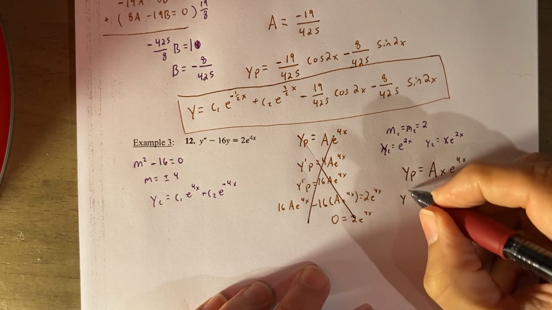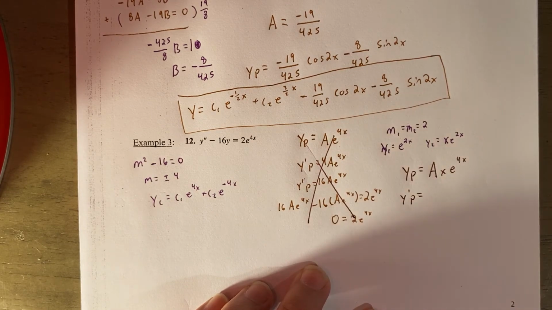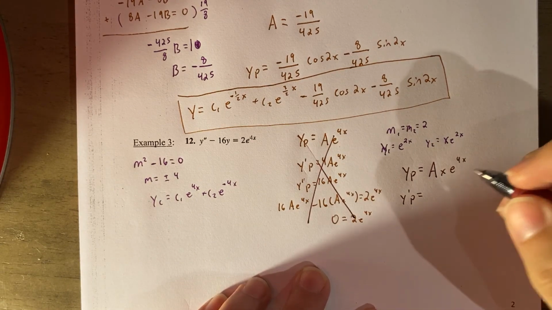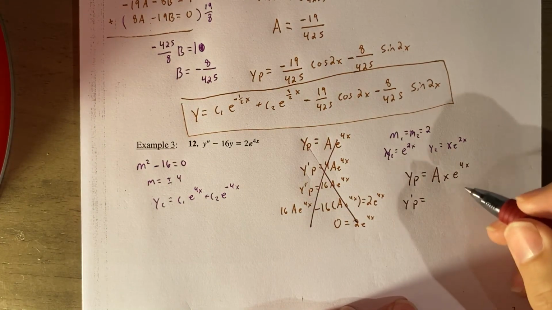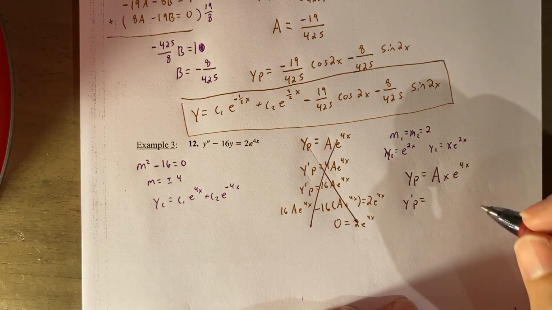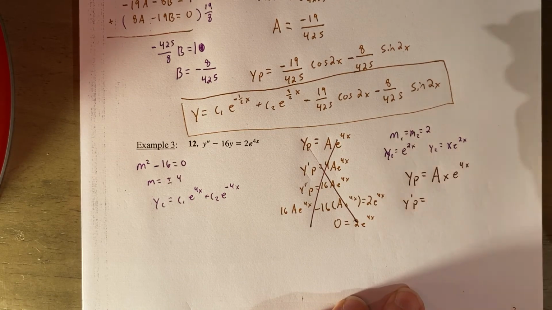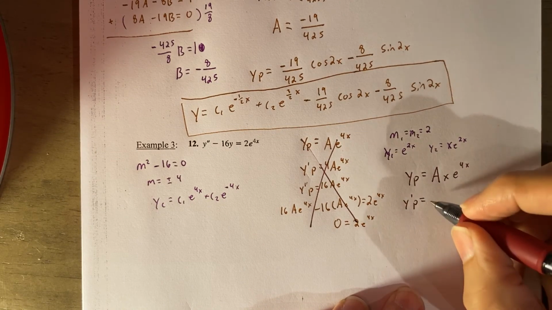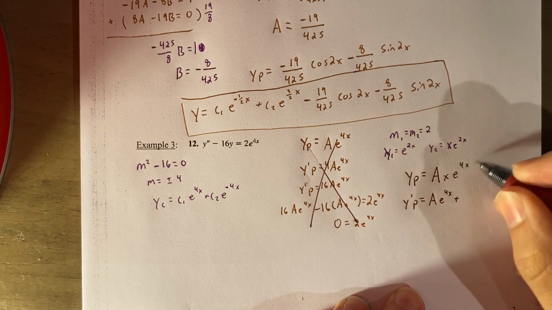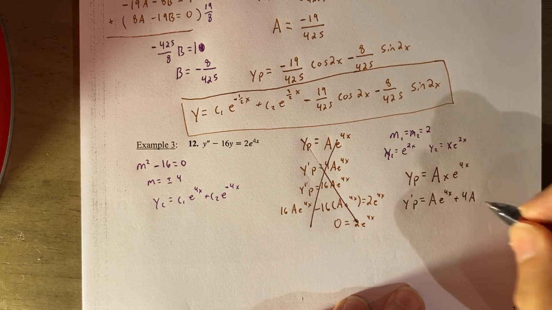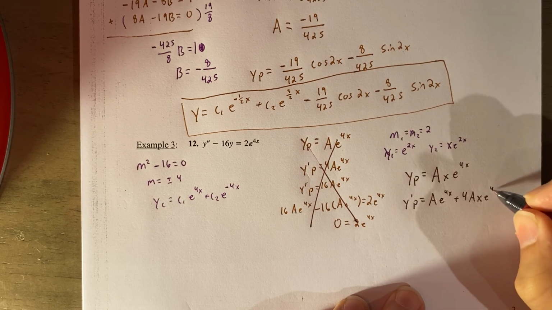So we check our y prime of p, and we take the derivative. This is not fun because it's going to be a product rule. Derivative of ax is just a, so a e to the 4x plus the derivative of e to the 4x, which gives 4a x e to the 4x.